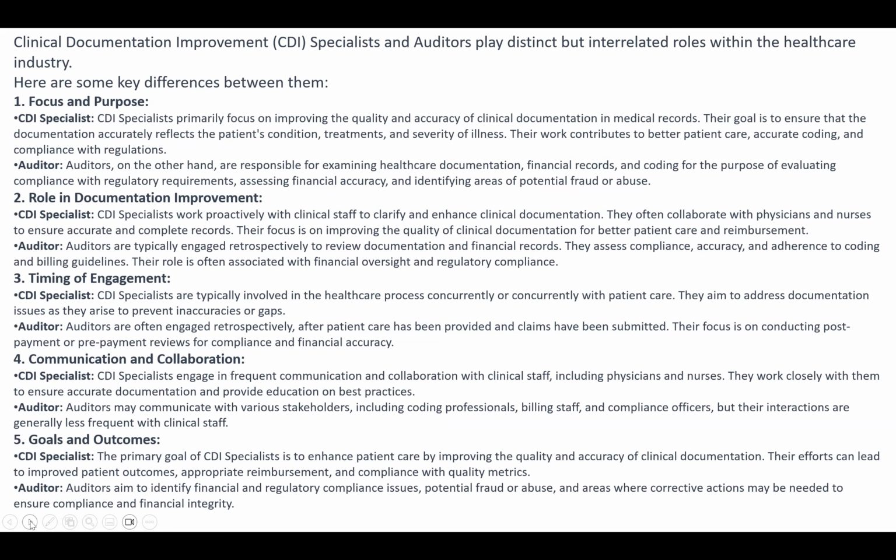Auditors, by design, typically have a wall between them and their subject, at least during the process. Auditors are typically engaged retrospectively to review documentation and financial records. They assess compliance, accuracy, and adherence to coding and billing guidelines. Their role is often associated with financial oversight and regulatory compliance.